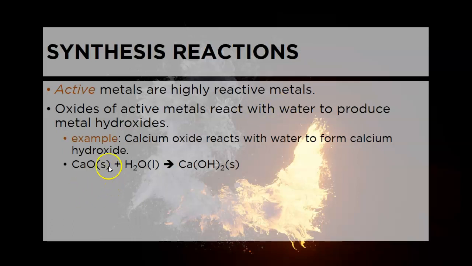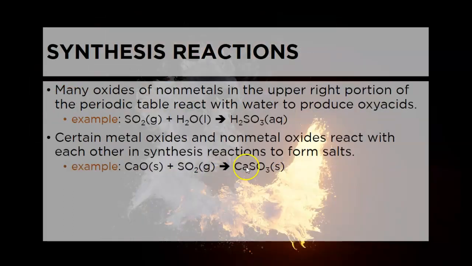Notice the key, a lot of times what helps you to figure this out: look for the plus sign on the left, no plus sign on the right. You had more than one thing on the left, only one thing on the right. Same with these two. Notice I've got two entities becoming one, two entities becoming one. It could be three entities becoming one.